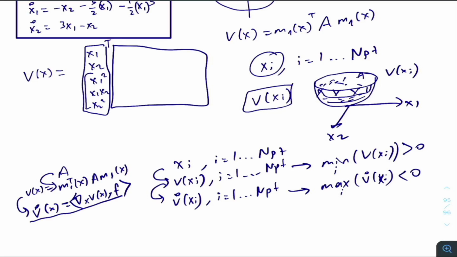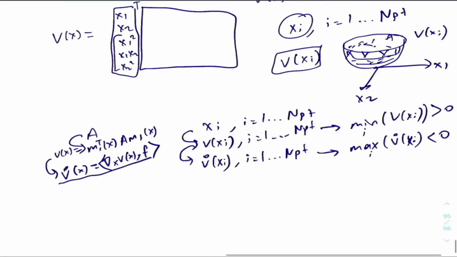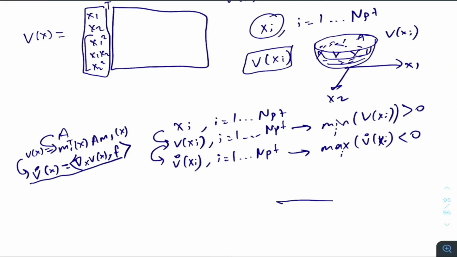All right, so this is V of xi's. And for a two-dimensional system, x1 x2, you will see something like this, almost the inverse of this in shape.